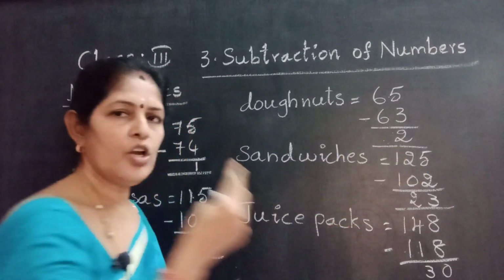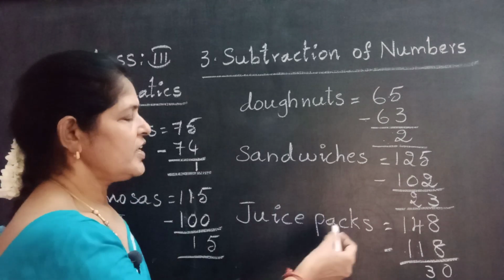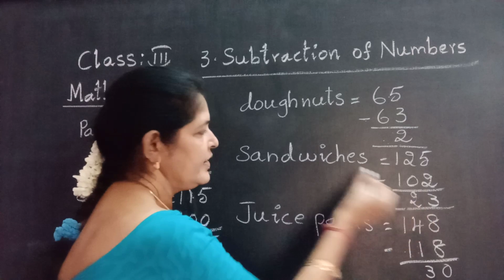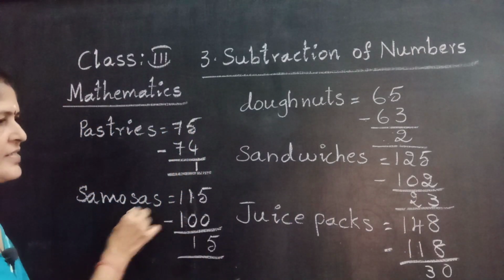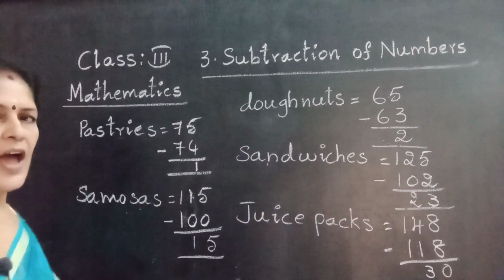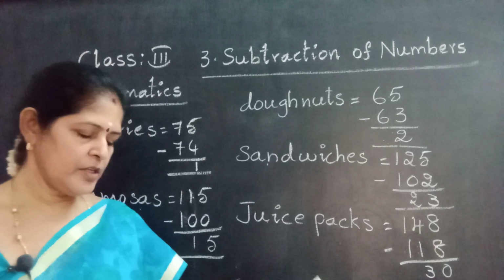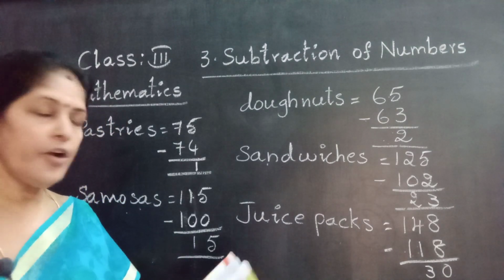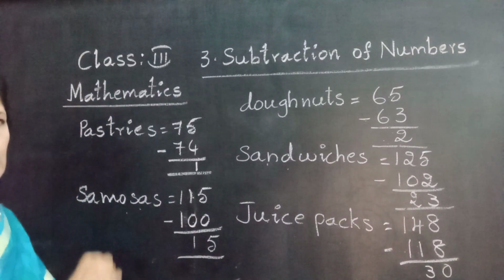Donuts are only 2, that is also not able to be donated. She is able to donate sandwiches, juice packs and samosas. These three food items are more or left. That's why Anishka is able to donate sandwiches, juice packs and samosas.